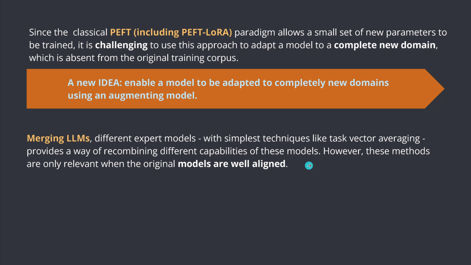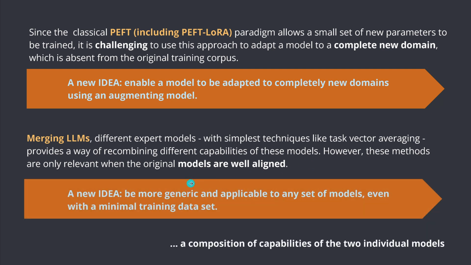If you try to merge two layers that are completely different architecture-wise, it will fail. So here, we want to be more generic and a new methodology that we can apply to any set of models, compose and combine any set of complex LLMs almost independent of their layer structure. And we want to use this with a minimal specific training data set.